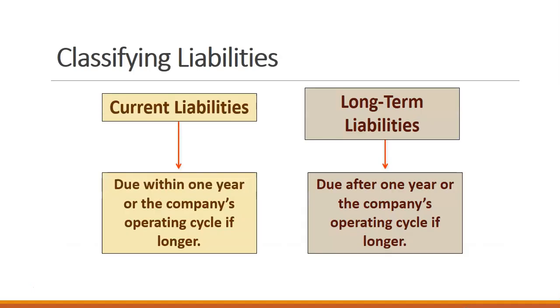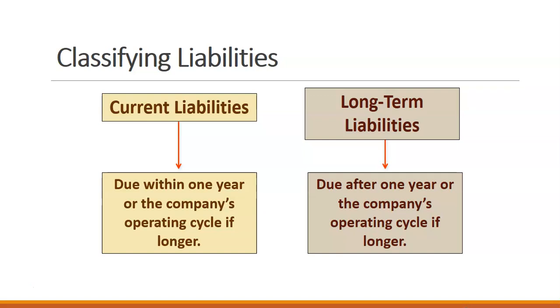The definition of what is current and what is long-term for liabilities is the same as for assets. Current liabilities are due within 1 year or the company's operating cycle if longer than 1 year. Remember, that's rare. Long-term liabilities are due after a year or longer than that time.